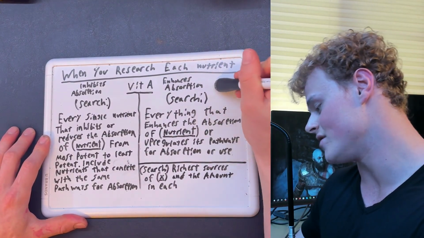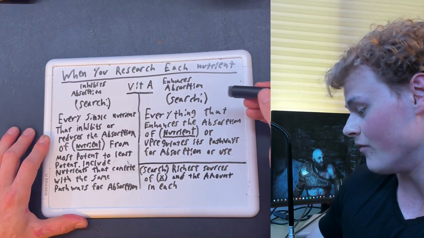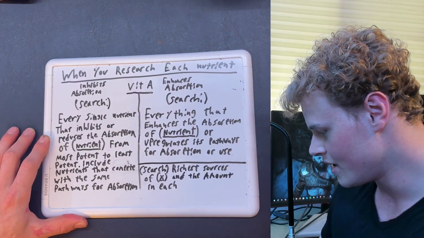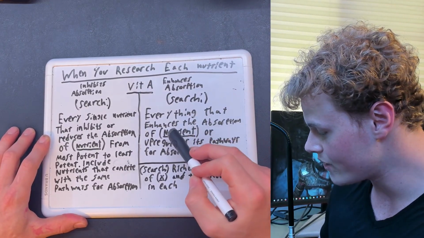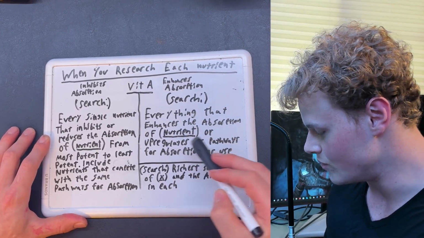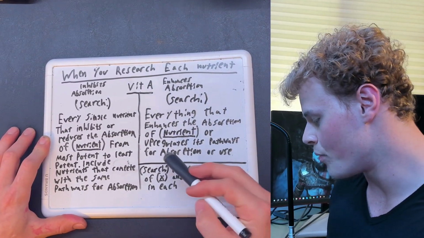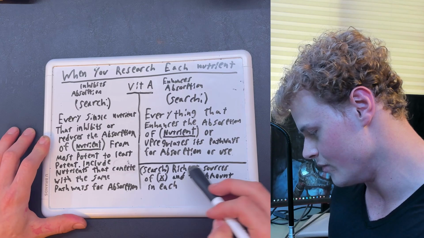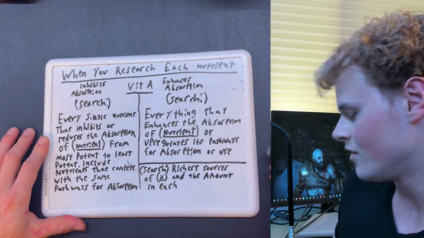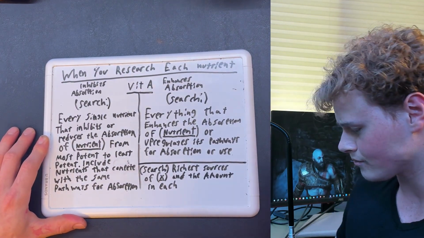Now let's go on the right side here. Everything that's going to enhance absorption. What we need to type into the AI prompt is everything that enhances the absorption of said nutrient or upregulates its pathways for absorption or use. It's going to give you a list again.